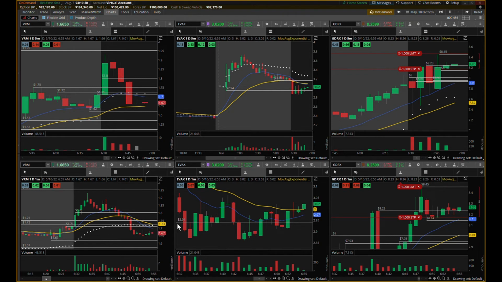So that was the close of that 5-minute candle. I'm going to be quick here. I'm hoping for a quick pop up. On this candle, I want to see it come up to that line.